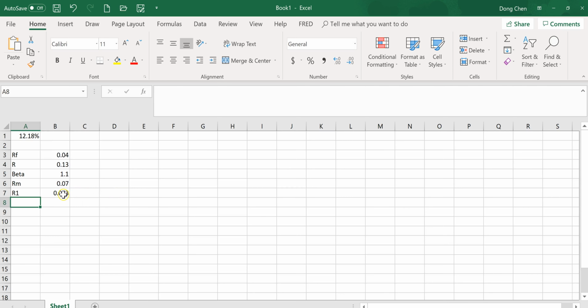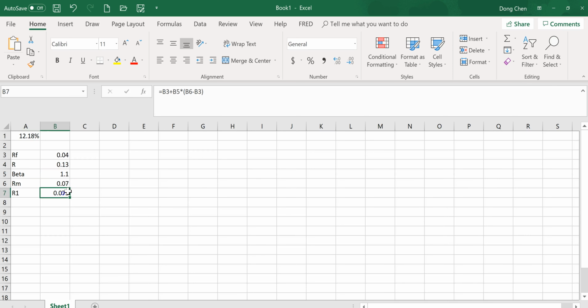Because we just assumed R_M, this R_1 is not the same as the actual R_i, which is 13%. But that's not an issue, because I want to use a special function in Excel to solve for R_M, which makes R_1 exactly equal to R_i.